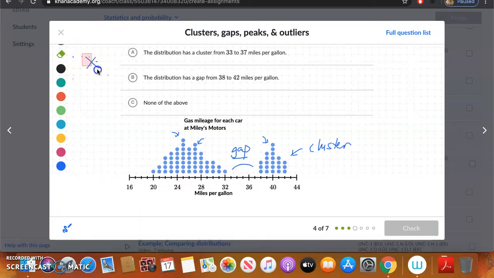So this is wrong. We're gonna put an X on this. There's an X here. Okay, again, there's a gap, not a cluster. Distribution has a gap from 38 to 42. No, from 38 to 42, we have a cluster, not a gap. So that's wrong too. So I guess our correct answer is here, none of the above.